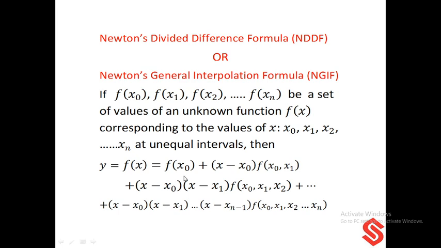then y = f(x) = f(x0) + (x - x0) f(x0, x1), that is the first order divided difference, plus (x - x0)(x - x1) f(x0, x1, x2), that is the second order divided difference, plus etc. And the last term is (x - x0)(x - x1)(x - x2) etc. (x - xn-1) f(x0, x1, x2, etc., xn), that is the nth order divided difference.